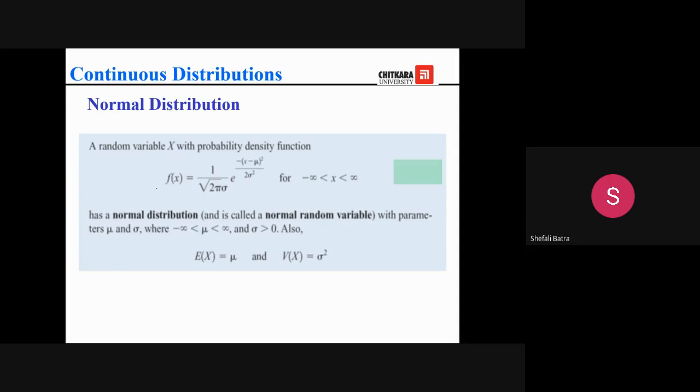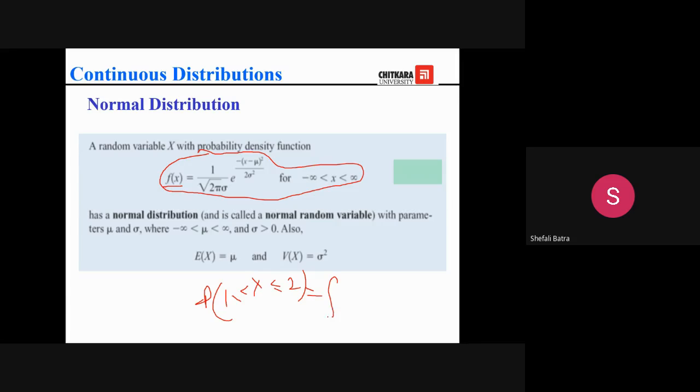And this is your probability density function in case of normal distribution. If I'm asking you, find the probability that x is less than or equal to 2 and greater than or equal to 1, so what will you do? You will be integrating this.